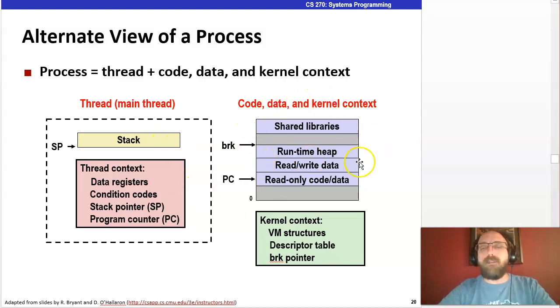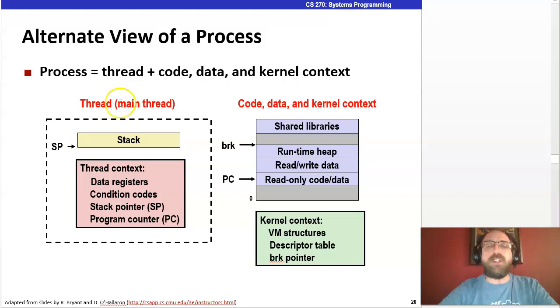And then we have all the other memory stuff: the shared libraries, the heap, the stuff that we got from malloc, for example, global variables, code. And over on this side, we'll also put the kernel context. So the virtual memory structures, the things that are mapping these virtual memory addresses to physical memory, the file descriptors, and so on.